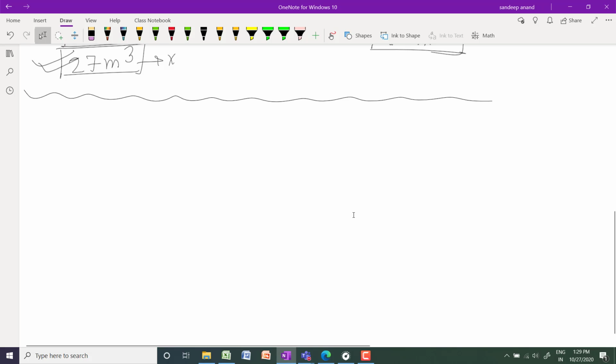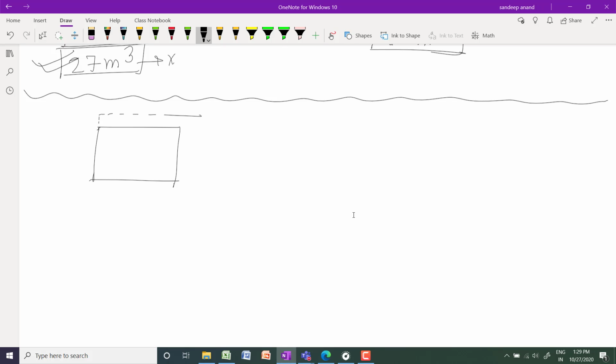Okay, now the question is, suppose this is one rectangle and you need to increase some width and some length. Here I am increasing both values, both parameters, both variables. Suppose the length increases by 10%, and the width increases by 30%.